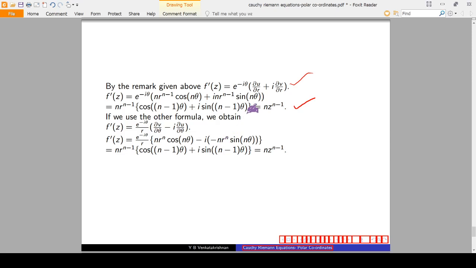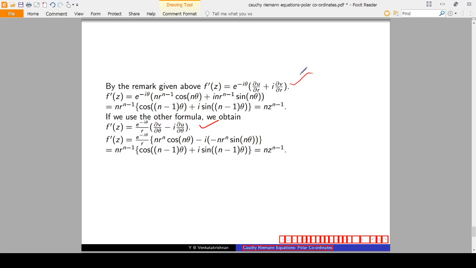Similarly, I can also use the other formula, namely f dash of z equal to e power minus i theta by r into (∂v/∂θ minus i ∂u/∂θ).